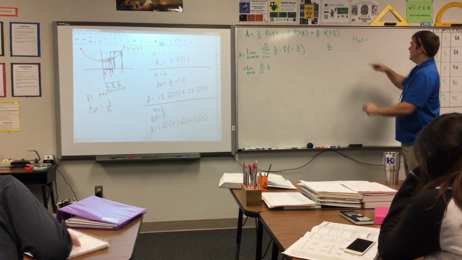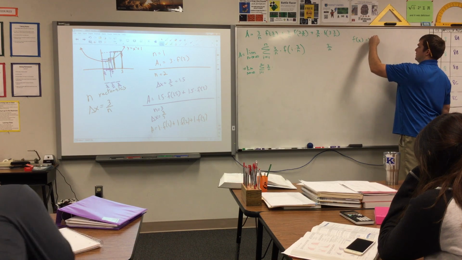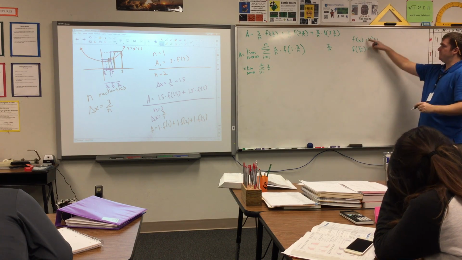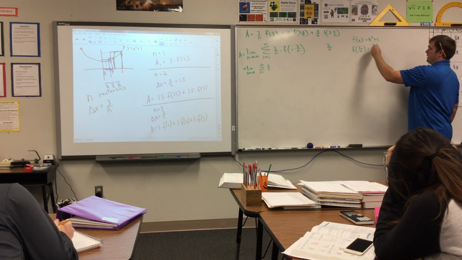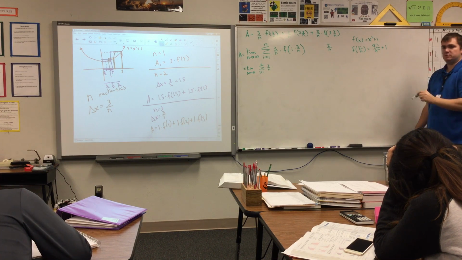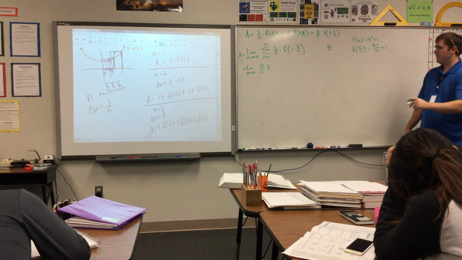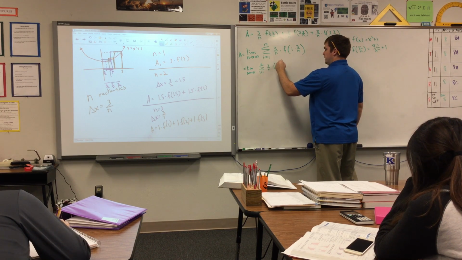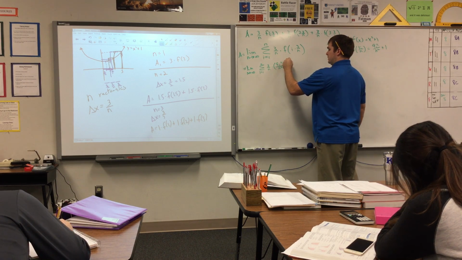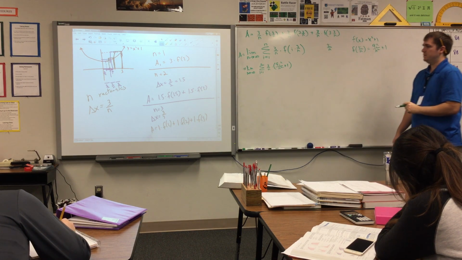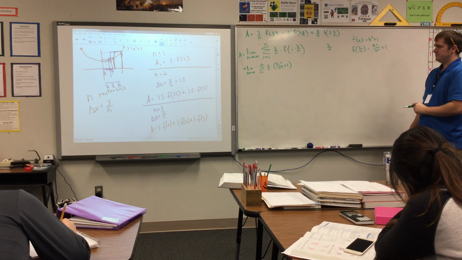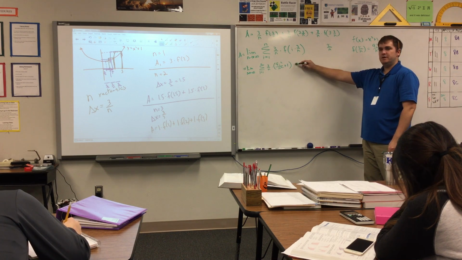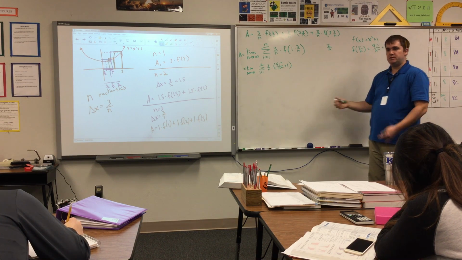So I'm going to plug 3i over n into my function value. So that would be 9i squared over n squared plus 1. Okay? And at this point, that's just the limit of a sum like we've been solving all along.